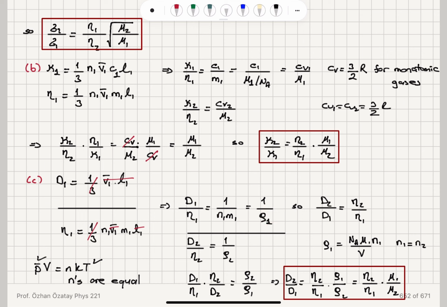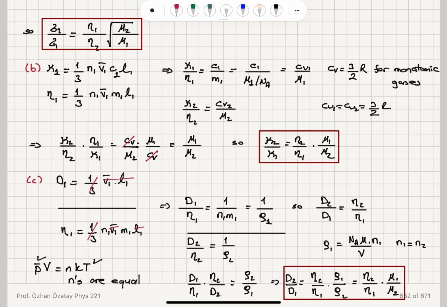So if I take the ratio d1 over eta 1 to d2 over eta 2, d1 over eta 1 multiplied by eta 2 over d2 will give me 1 over rho 1 multiplied with rho 2. So d2 over d1 in that case will be eta 2 over eta 1 times rho 1 over rho 2.